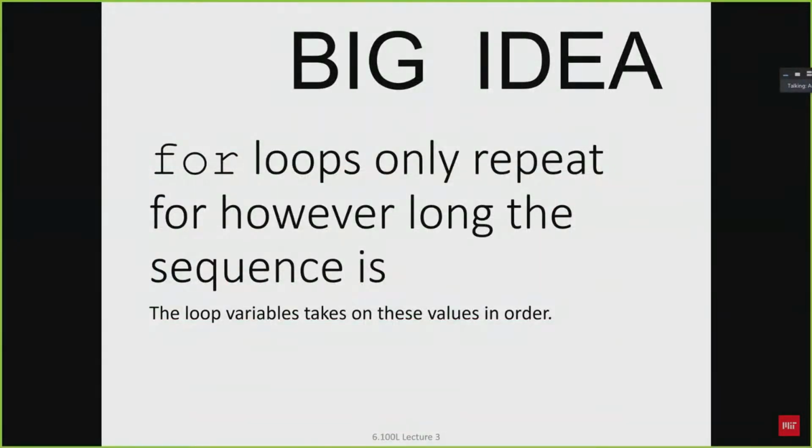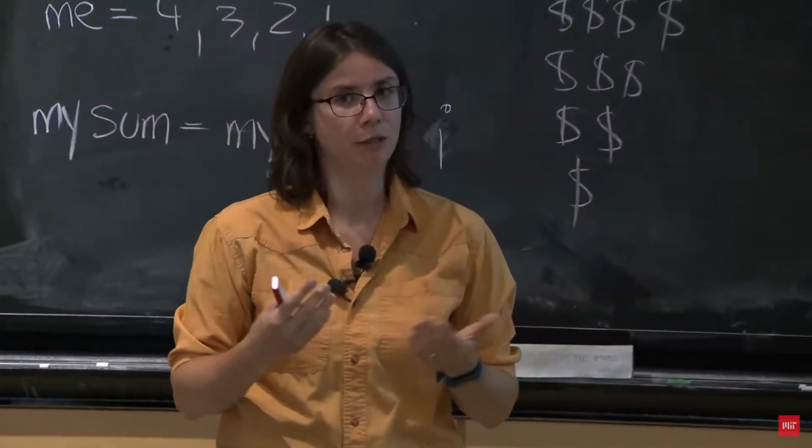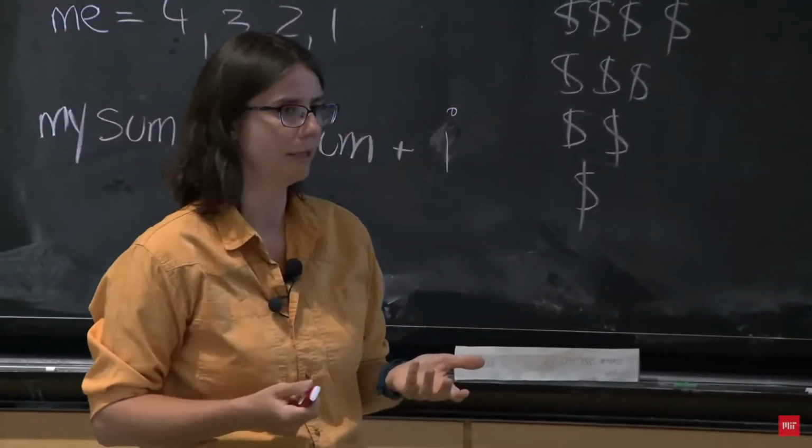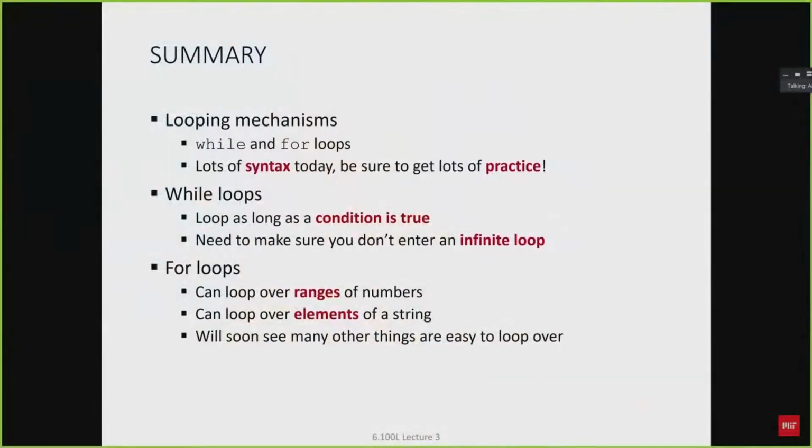Okay, so the big idea about for loops is they're going to repeat however long the sequence is. So you're able to repeat certain code a set number of times, which is really useful in some situations. While loops were useful in situations where you didn't know how many times you might want to repeat the code. So, quick summary, we saw some looping mechanisms today. It was a lot of syntax, I know, but the finger exercises for today will certainly help.